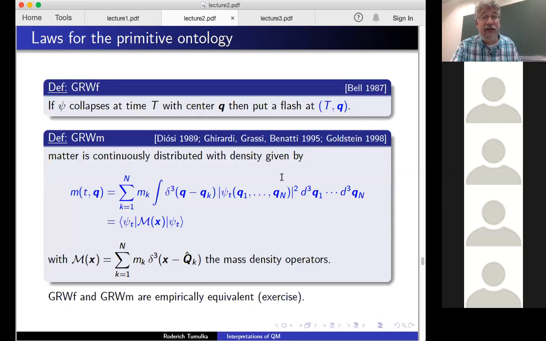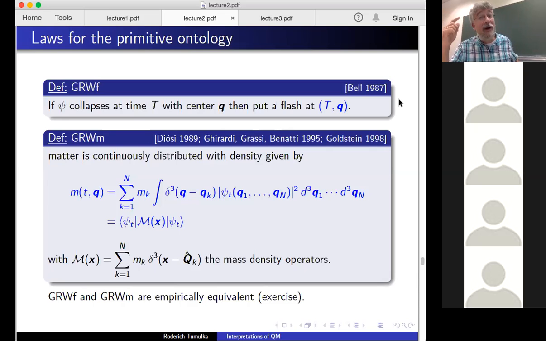One is the flash ontology that was proposed by Bell in 1987. You put a flash at every collapse center. A flash is a space-time point at the time of a collapse, at the location of the center of the collapse. There you put a point.